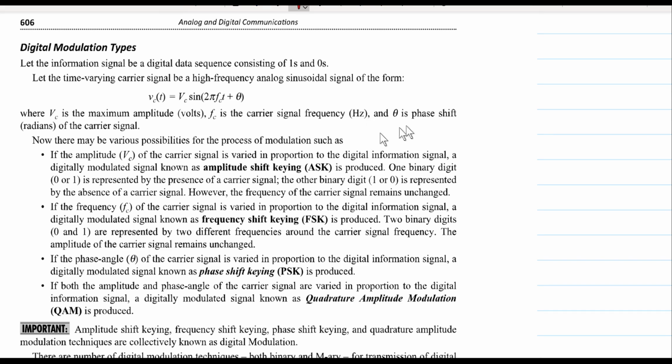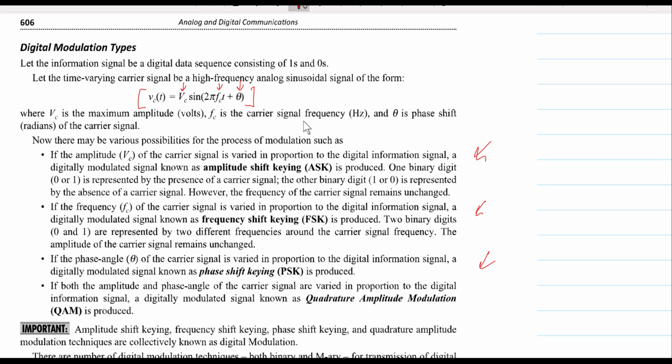So without going into too much detail, we want to just highlight how each of them is achieved. That is ASK, FSK, and PSK. We consider that our analog carrier may be represented by an equation of this form, where this is the amplitude, this is the frequency, and this is the phase.